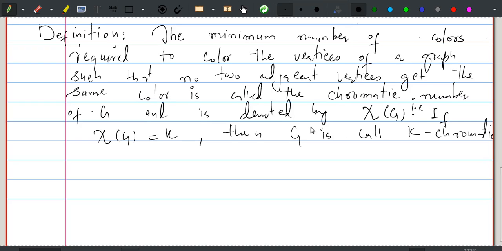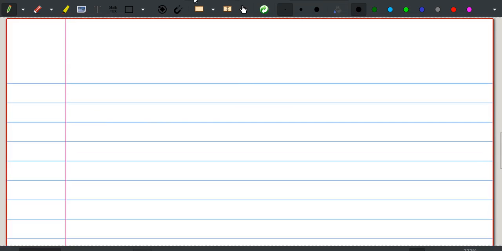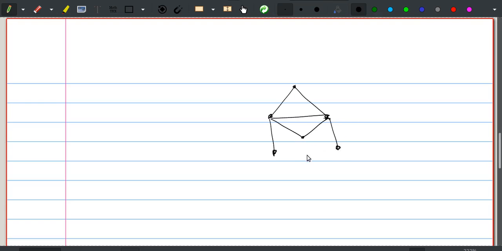Now one can observe here, so let us consider a graph G. Suppose this is our graph G.